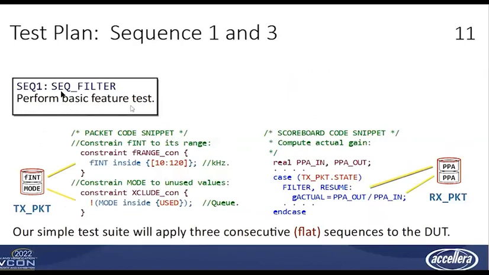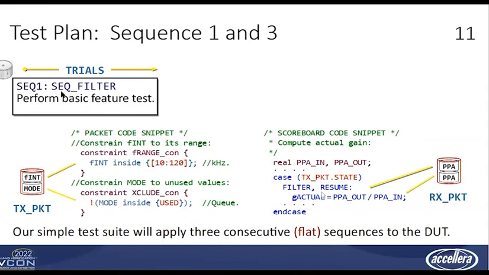Here's our first sequence. This just runs the basic feature test some number of times determined by a knob from the command line we call trials. And the frequency is constrained to the operating range of the filter, anywhere from 10 to 120 kilohertz. We even constrain the mode to make it a cyclic random variable, minimizing the repetition of the 8 modes.